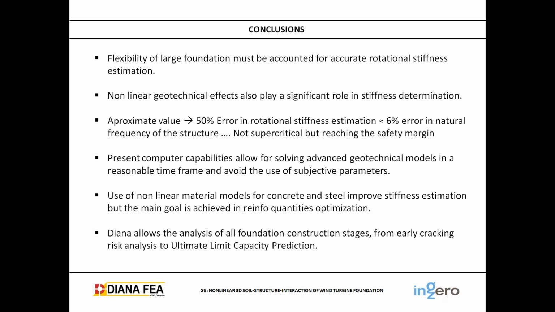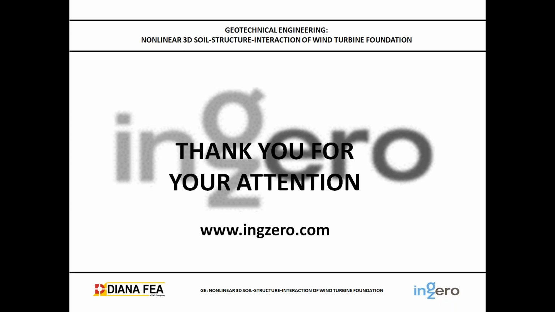So it's not super critical, but we are approaching the safety margin. Remember that we have said we have a 10% margin. Present computer capabilities allow solving advanced geotechnical models in a reasonable time frame and avoid the use of subjective parameters. The use of nonlinear material models for concrete and steel improves stiffness estimation, but the main goal is achieving reinforcement quantities optimization. And DIANA allows the analysis of all foundation construction stages, from early cracking risk analysis to ultimate limit capacity prediction. So for me, that's all.